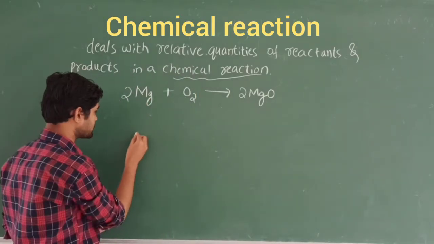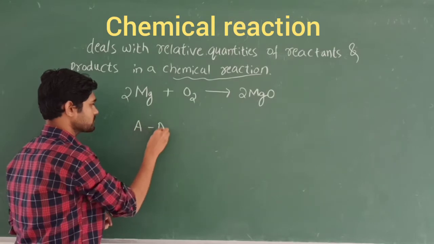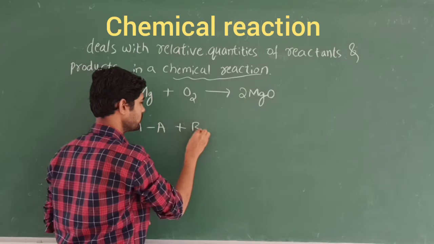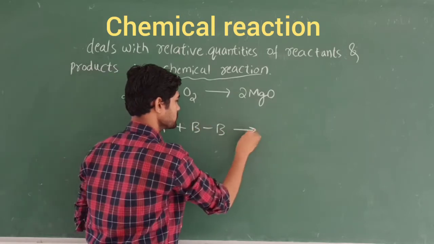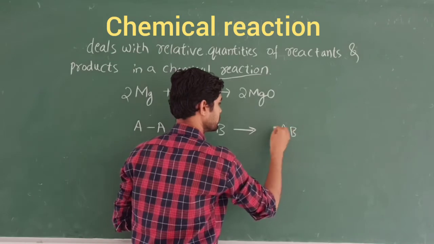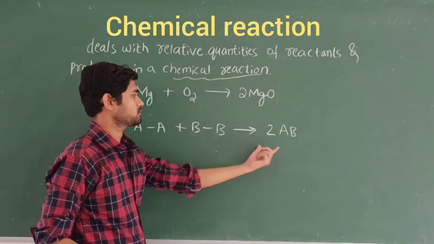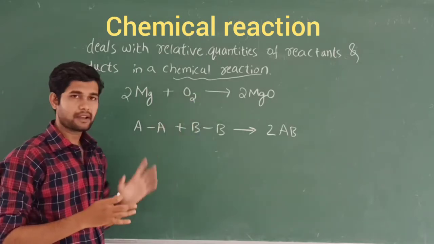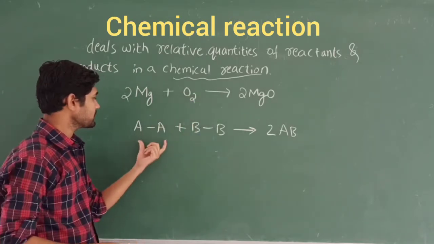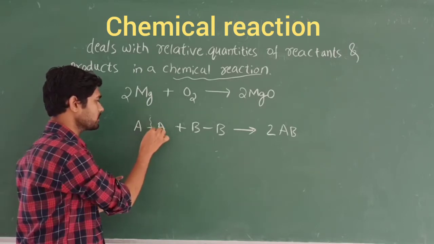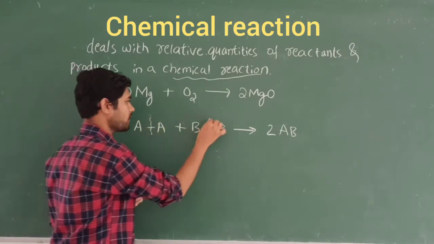How is it formed here? A2 I am going to write as it is, with a bond between the two atoms, and this is B2. So what we are going to obtain is a different combination of atoms. The chemical reaction is a rearrangement of atoms. The bond breaks down here, and here also.